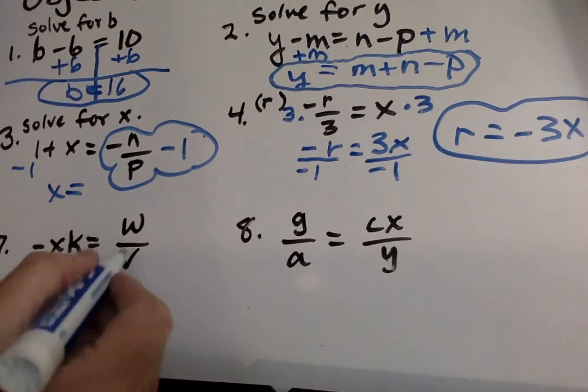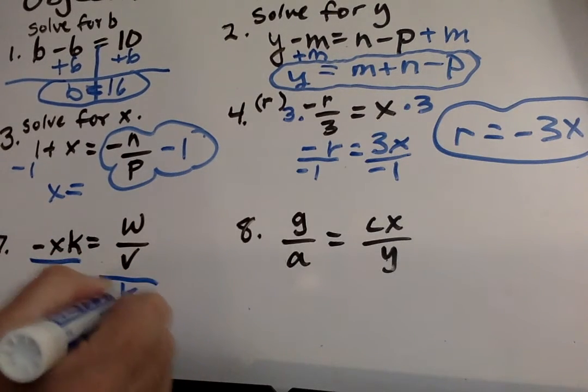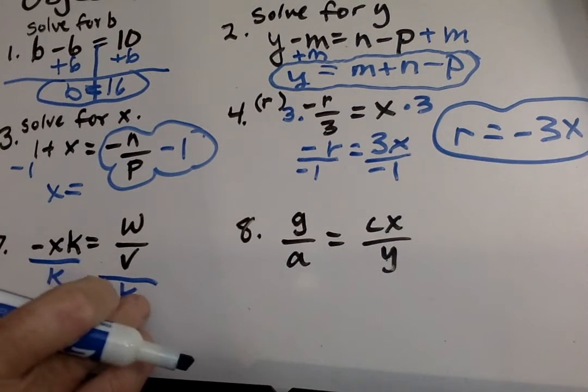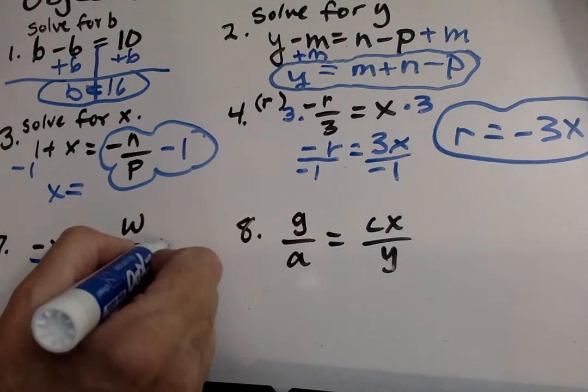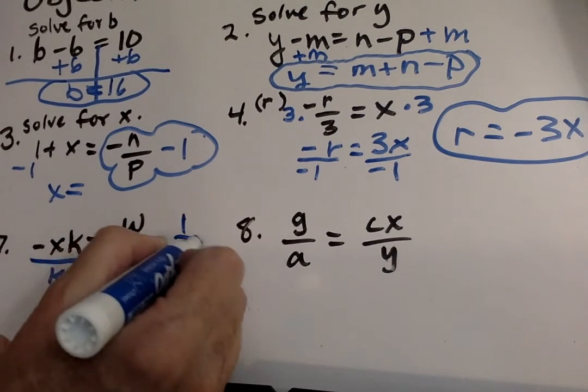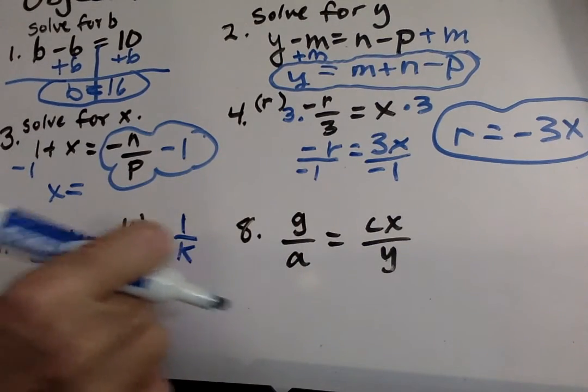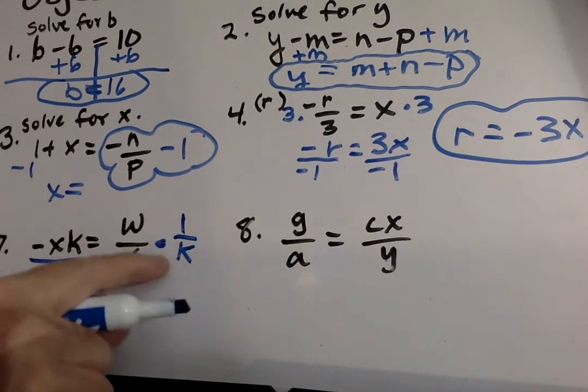Now, what's this when I have a fraction divided by k? This is what you do when you divide by k. It's the same as multiplying by the reciprocal. Did you see that? So dividing by k is the same as multiplying by the reciprocal.